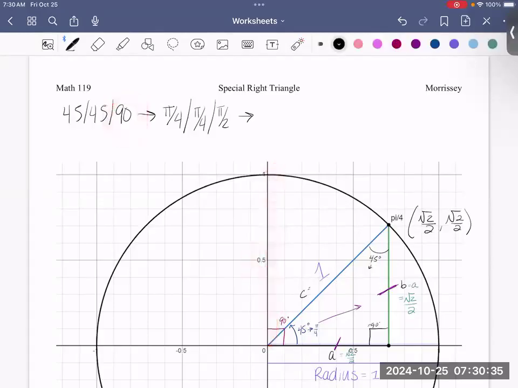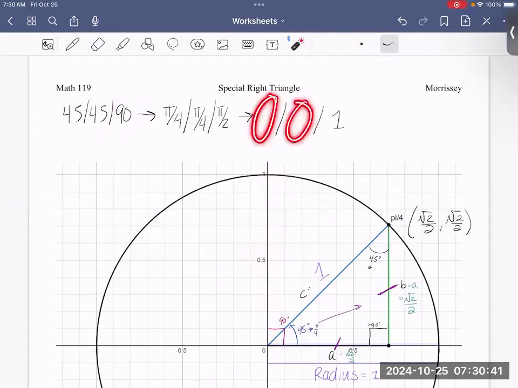So that is going to be 1 here. So your proportion for your 90 degree is 1. And then these measures here are the root 2 over 2 and root 2 over 2.